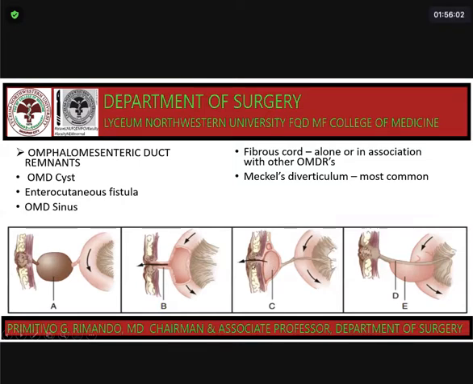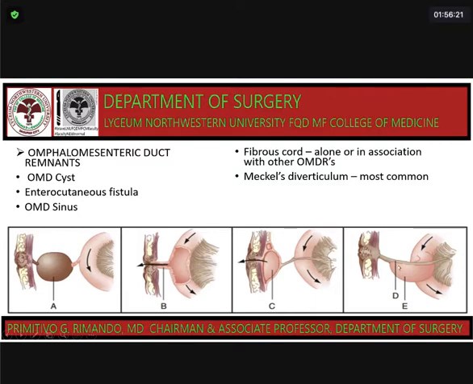So there's an opening here, and what could be coming out of the umbilicus is either serous fluid or even mucoid material. Sometimes it gets infected, so the parents will say it's a foul-smelling discharge.